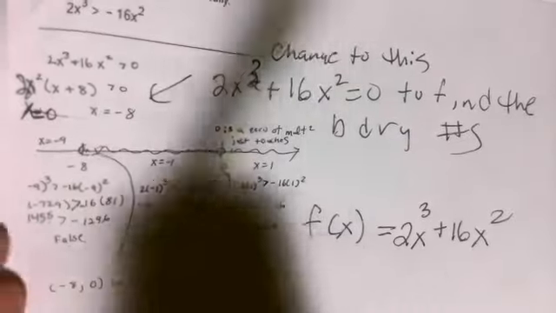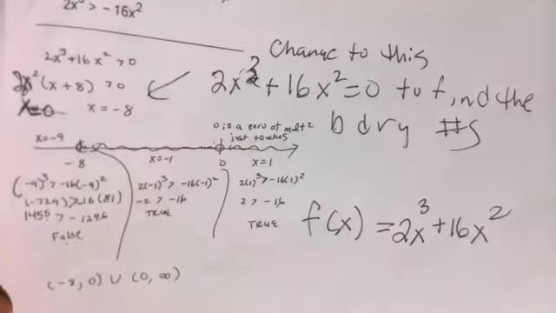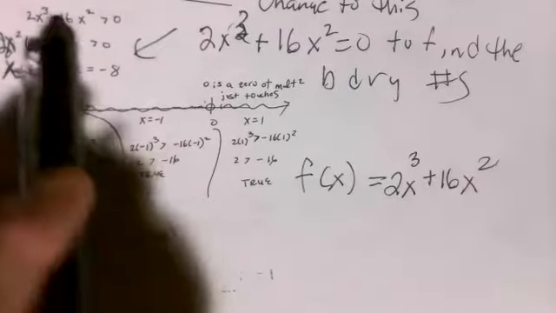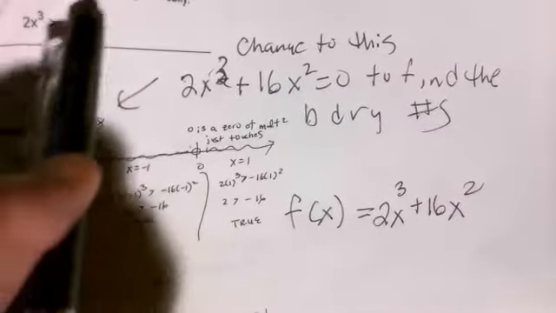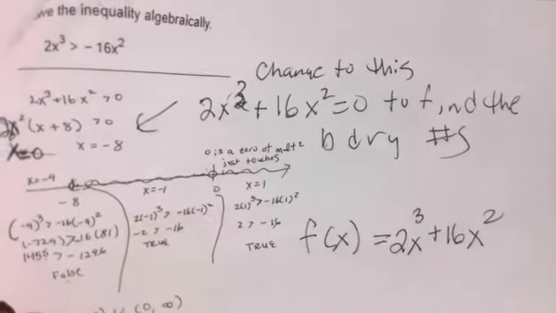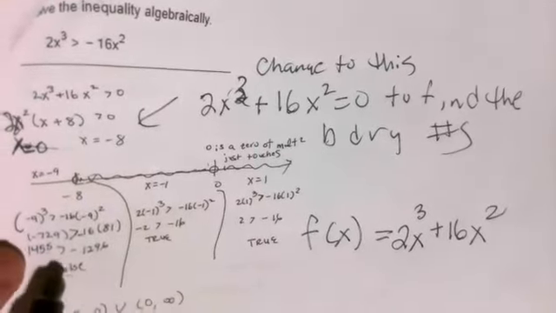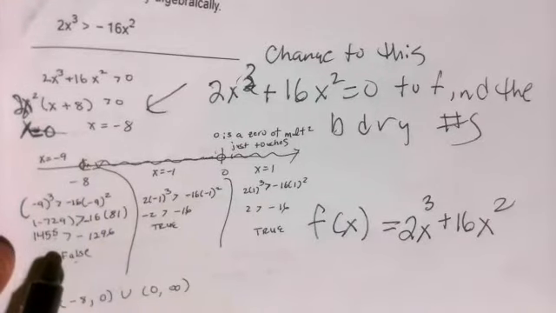We go and substitute these values back into the inequality, and you could do it with the first inequality or the one where I get 0 on one side, which might be easier. And then I see if I get true or false. But what I get here, I get 1,458.